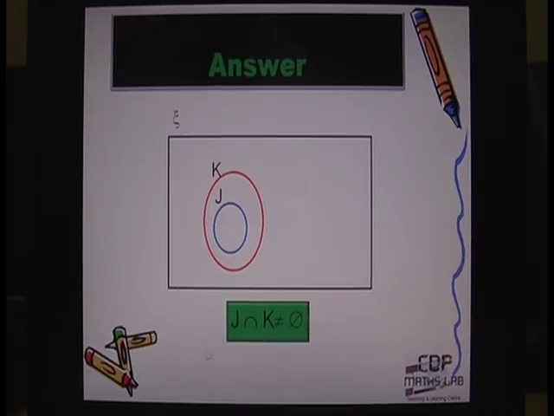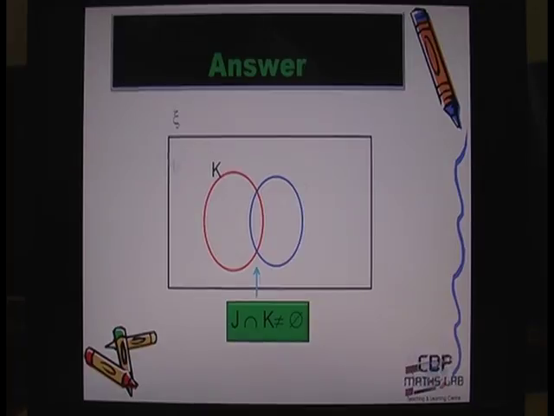Where should it be? Okay, this is what you're told. You're told that set J intersect set K is not equal to an empty set. So therefore, the intersection is not equal to an empty set. Therefore, it exists. So you're going to overlap then. This is what you should have.